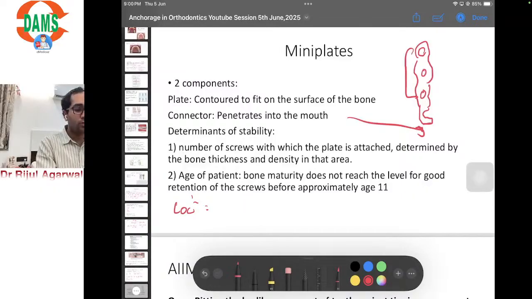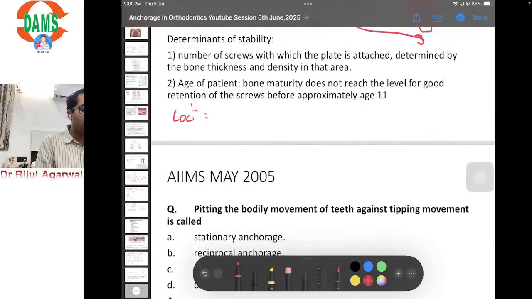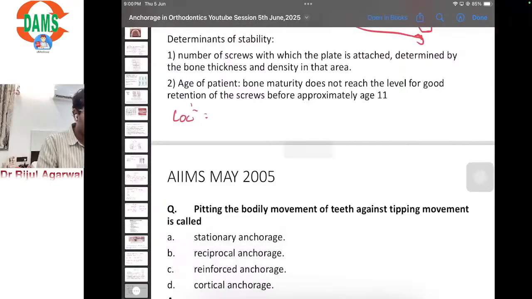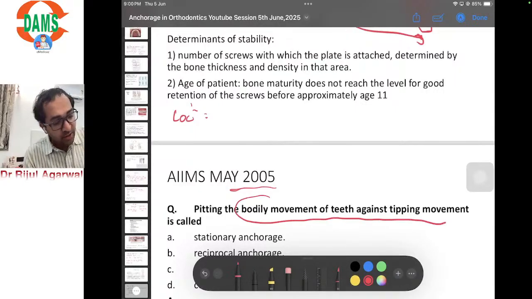bone thickness is more. So a question: pitting of the bodily movement of teeth against tipping movement is called as. So as I've already told you, certain keywords are important. This is a previous year question of May 2005. Pitting of bodily movement of teeth against tipping movement means bodily movement we have stopped against the tipping.